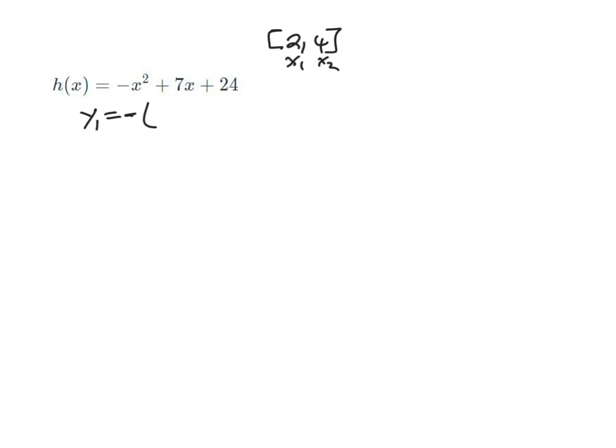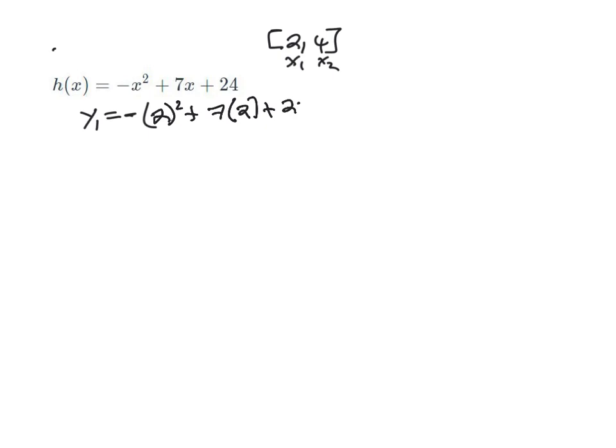So it's going to be negative x1 squared plus 7 times x1 plus 24, where x1 is 2.